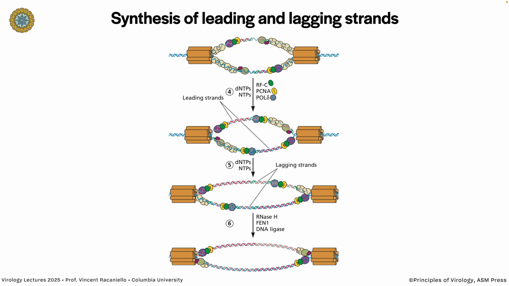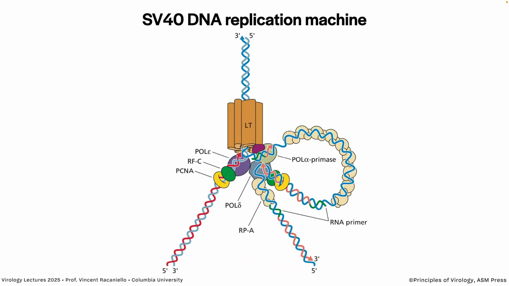At some point, the RNA is removed by RNase H. The gaps are filled in, and then DNA ligase ligates the DNA. So now we have double-stranded DNA, which has no RNA in it, and it's just continuous strands. There are no gaps or anything inside it. So that's how you replicate the genome. And you go all around the circle that way. This is a diagram of the polymerase and how it works.